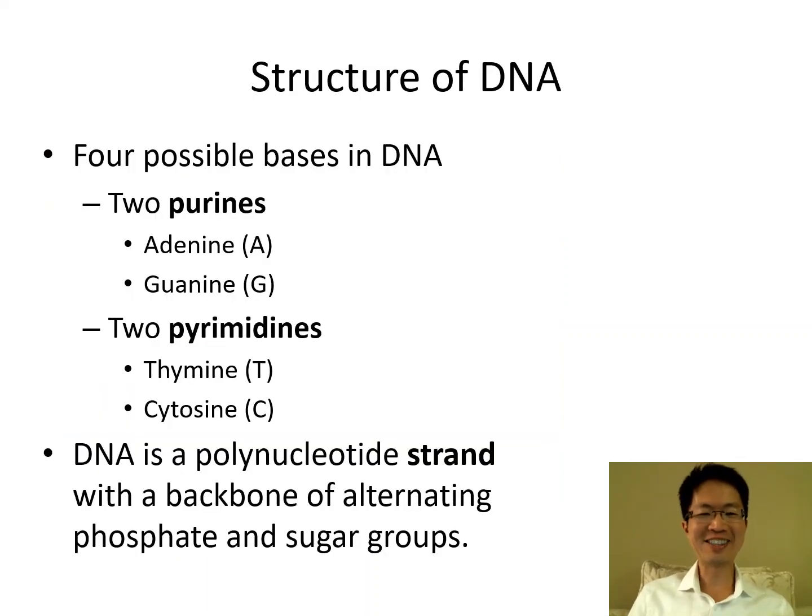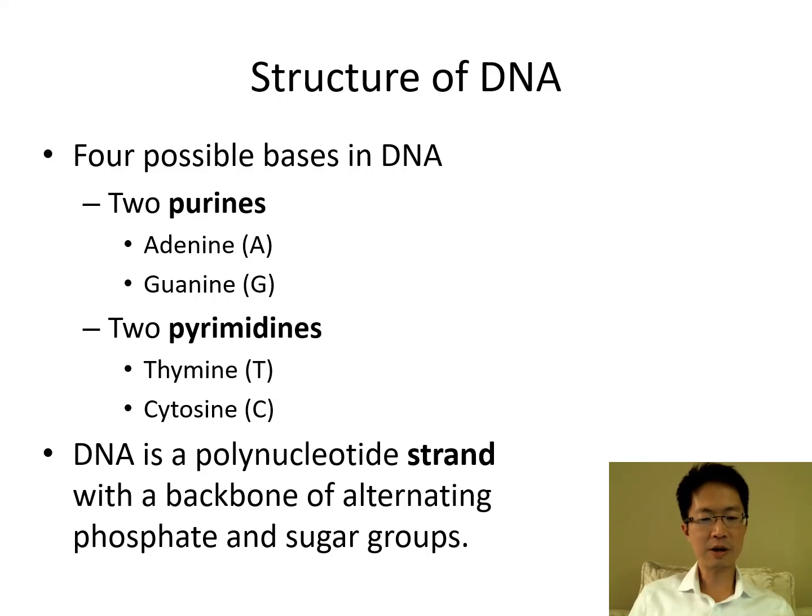Okay, let's go back to science. Sorry about all the sidetrack. Okay, DNA. As I told you, the nucleotide, the monomer of DNA, consists of 3 parts, right? One part is called the nitrogenous base, and we have 4 possible bases in DNA.